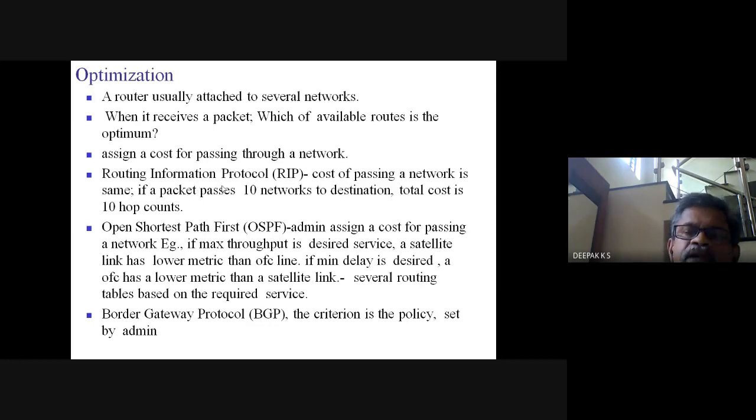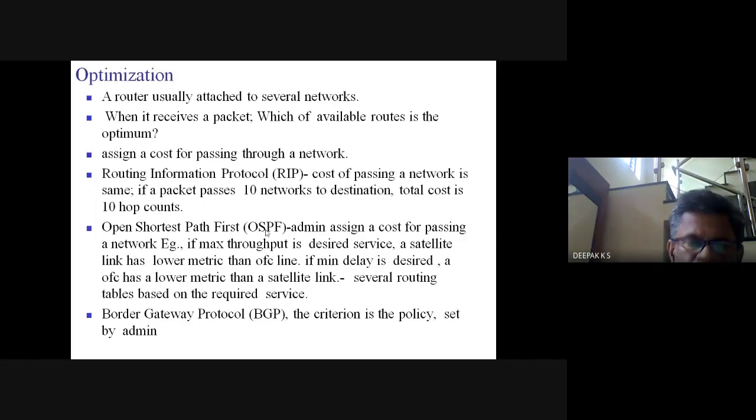If a packet passes 10 networks to the destination, the total cost is 10 hop count. So in RIP, it will consider the cost of passing a network the same for any network. If it has to traverse 10 networks, the total cost is 10 hop count. That is how it treats cost.